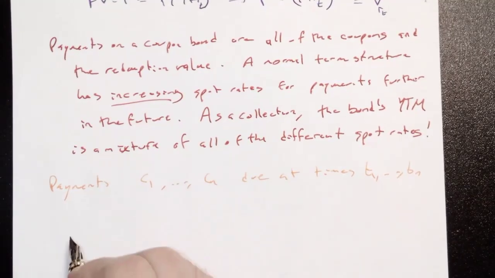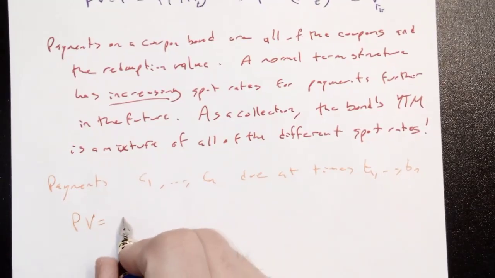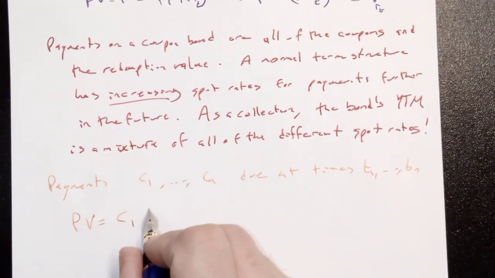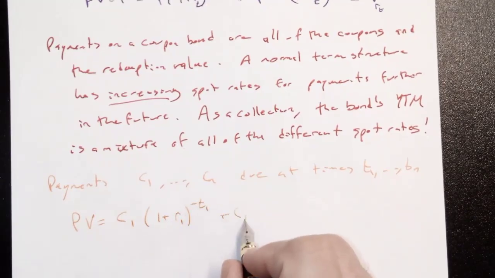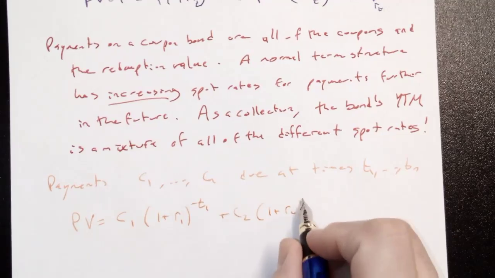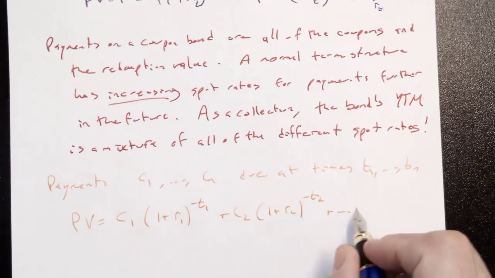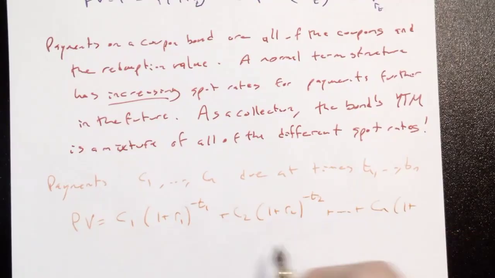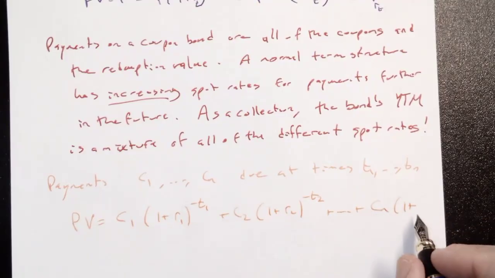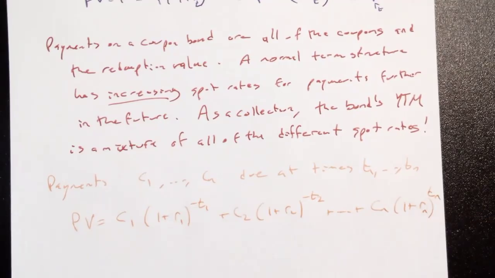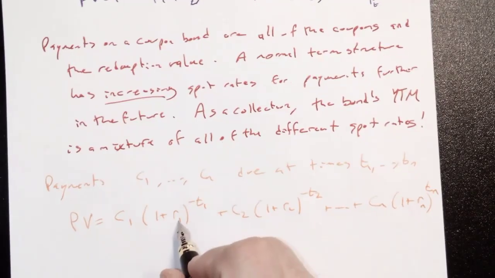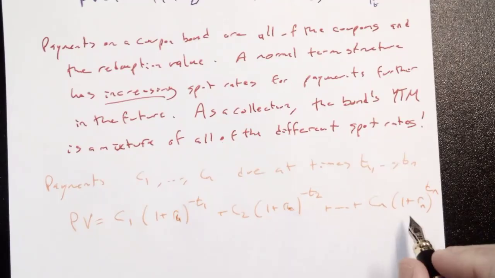Then my present value should be C1, 1 plus R1 to the negative T1, C2, 1 plus R2 to the negative T2, and so on up to Cn, 1 plus RTn to the negative Tn. No, RT1, RT2, up to RTn.